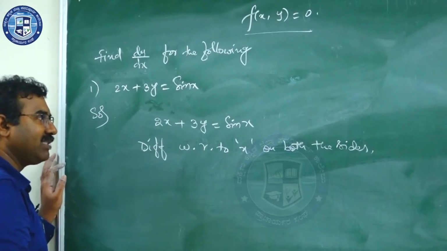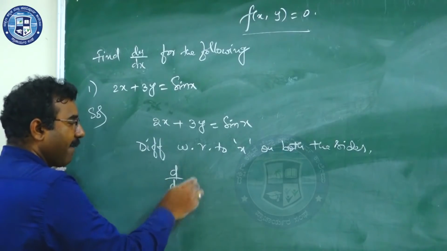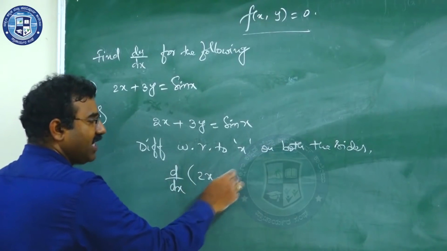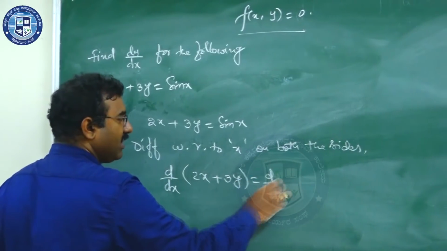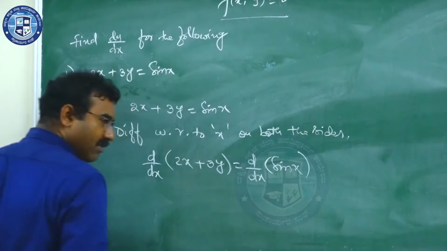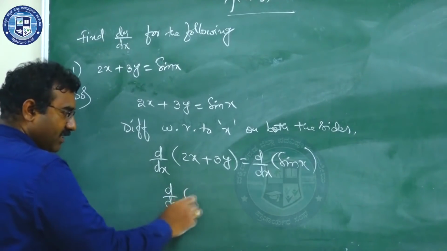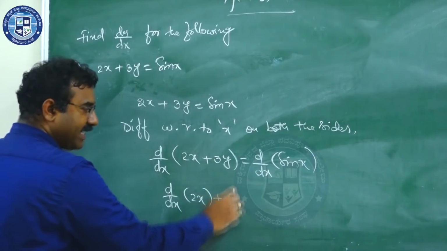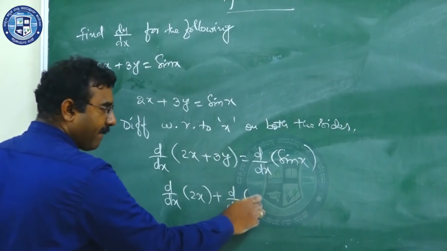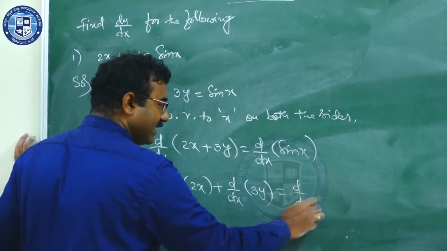That means d by dx of 2x plus 3y is equal to d by dx of sin x. By the algebra of derivatives, d by dx of 2x plus d by dx of 3y is equal to d by dx of sin x.